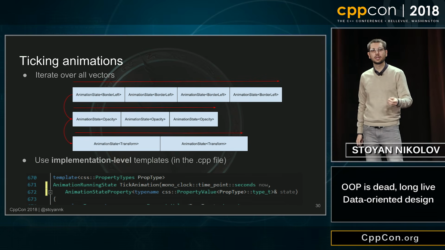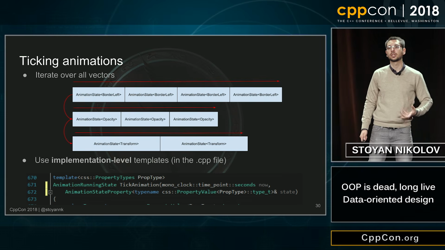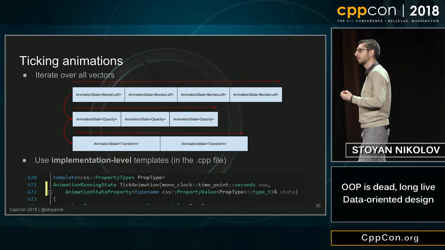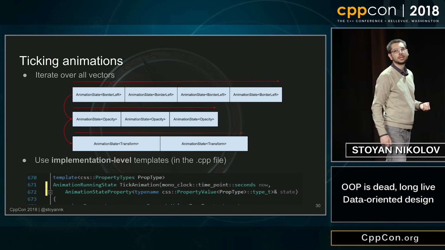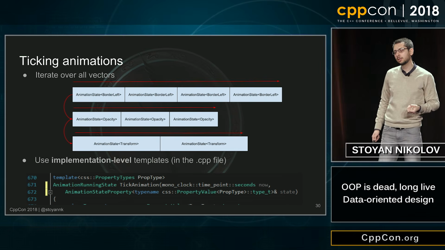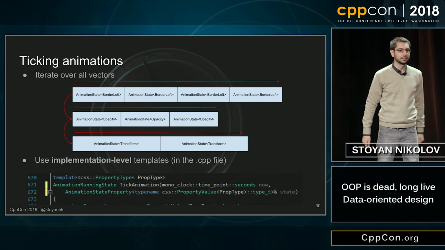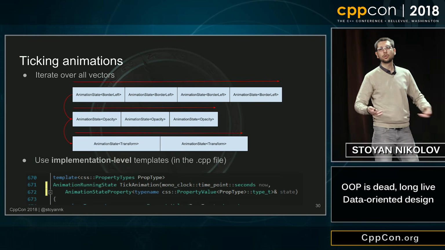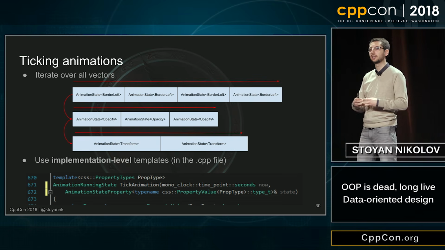So we're now having an order of magnitude less cache misses than we had with the object-oriented case. The reason is that we'll be having a cache miss when we change the type of the vector we're iterating on. However, and this is again a bit of domain knowledge, but we know that we'll usually have a handful of properties that are really animated.